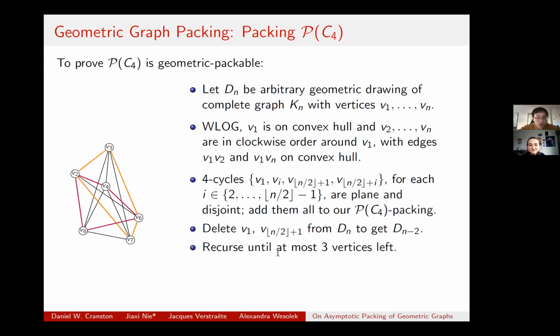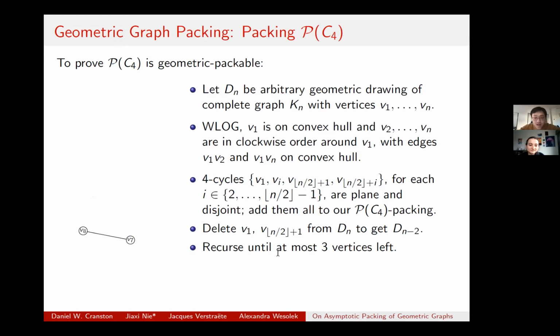In the second round, we pick V2 and V6, pick some 4-cycles that cover almost all edges containing them, and then delete these vertices. In the third round, we pick V3 and V4 and do the same thing.